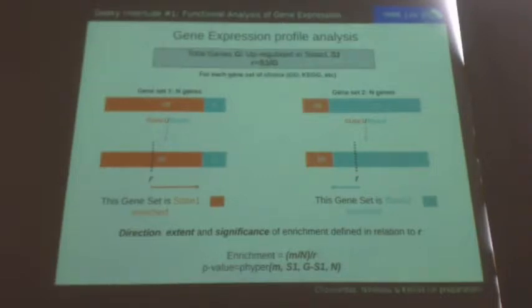So if you will allow, there will be a couple of geeky interludes in the talk, to give you an idea of what is the work being done at the level of bioinformatics. So this is the first one.